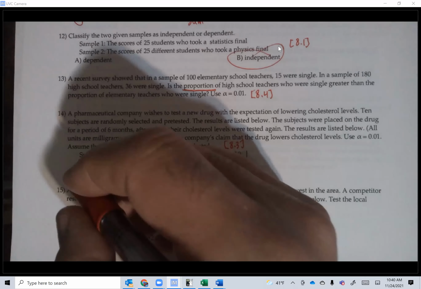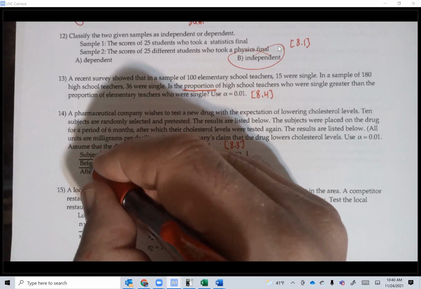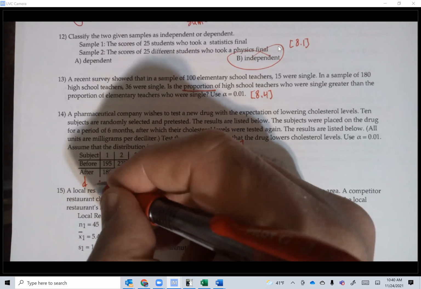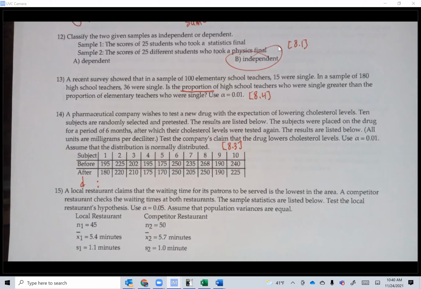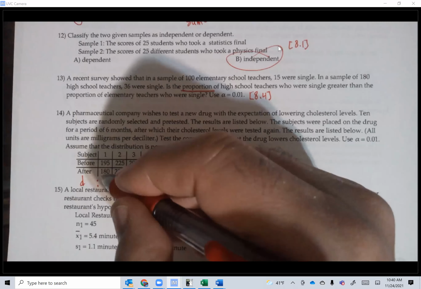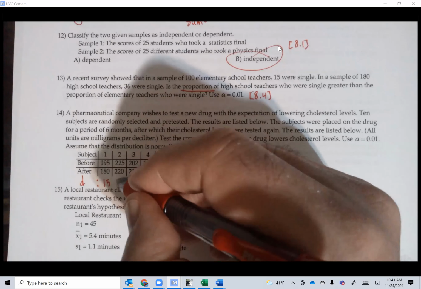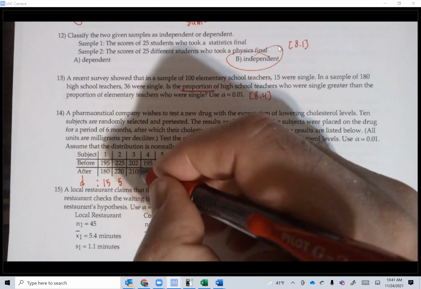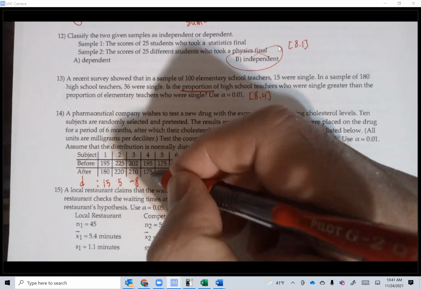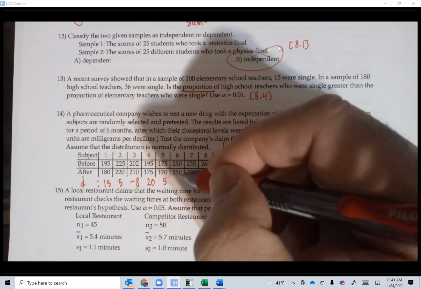Guys, when the samples are dependent, when you see before and after, you have to do the difference D. That's the first thing that you have to do. So 195 minus 180, that's 15. 225 minus 220, that's a 5. 202 minus 210, that's a negative 8. 195 minus 175, that's a 20. 175 minus 170, that's a 5.